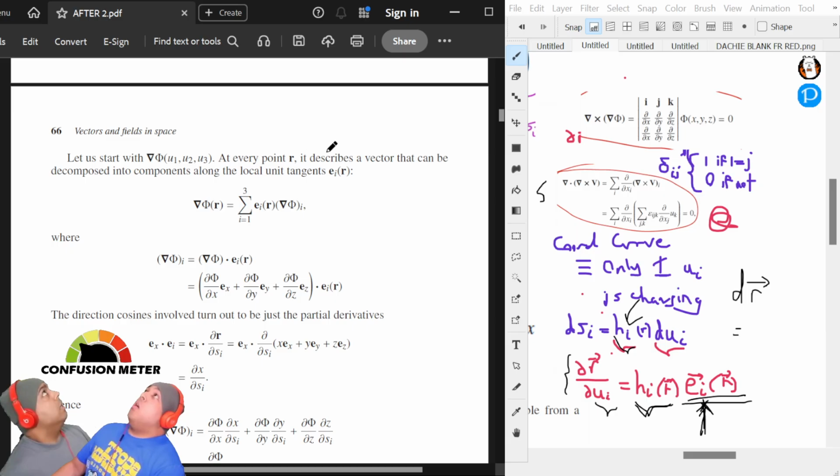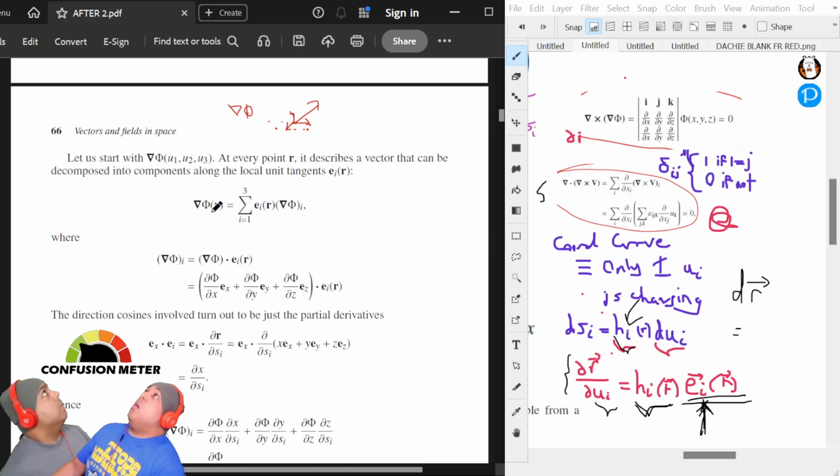At every point r, it describes a vector that can be decomposed into components along the local unit tangents e_i.